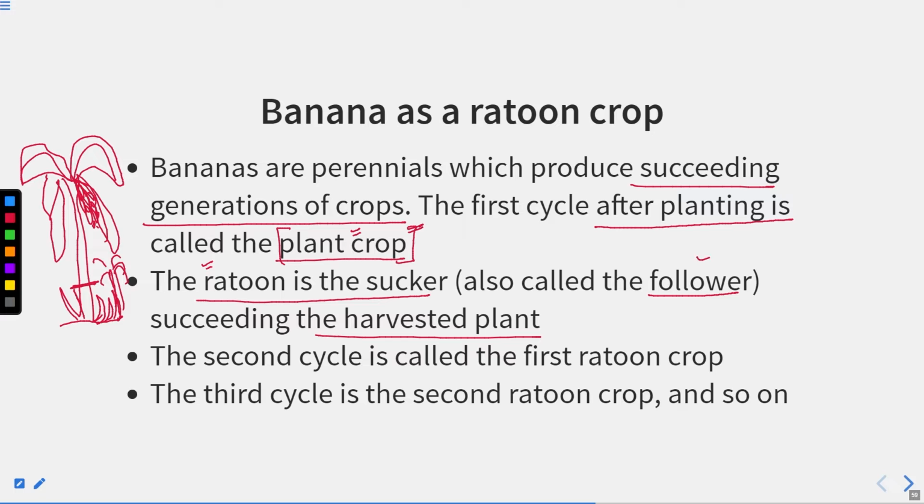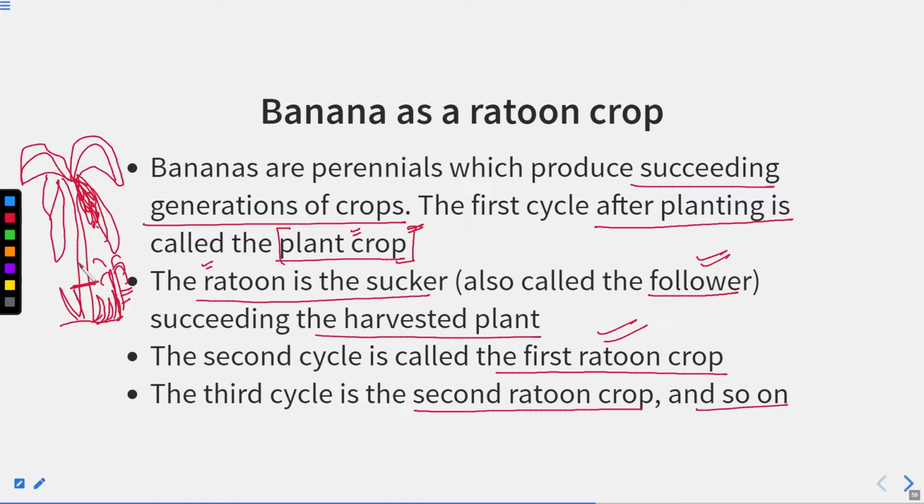Okay, and also called the follower. The second cycle is called the first ratoon crop. So these plants will be considered the first ratoon crop. The third cycle is the second ratoon crop, and so on.